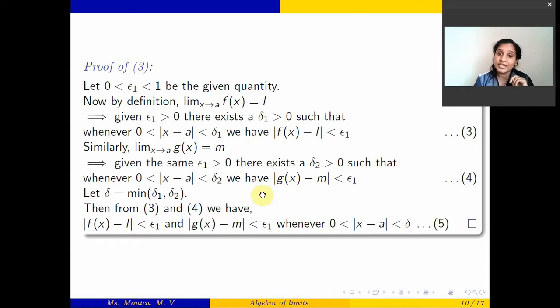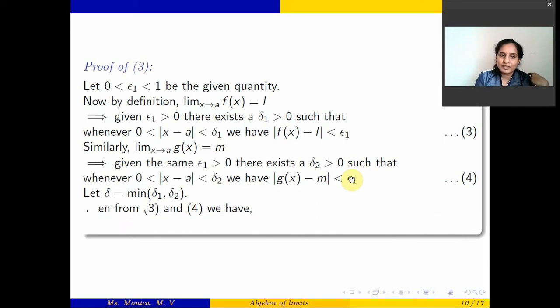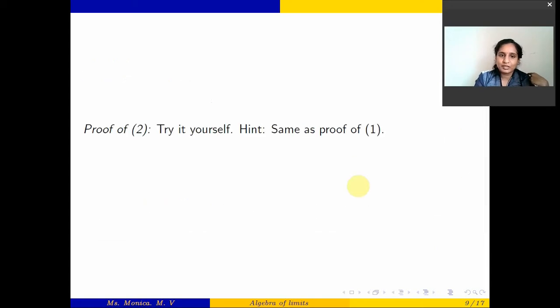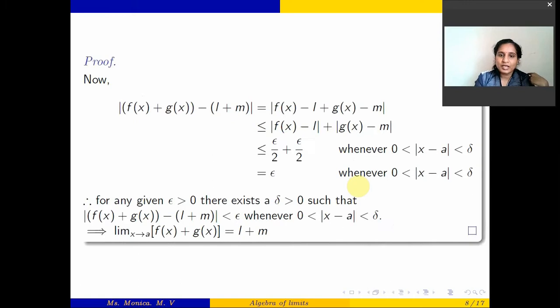Now, in the previous proof I had taken epsilon by 2 and epsilon by 2. Now why here epsilon 1? I told you I will explain that at the end of the proof. Here, if I had taken epsilon and epsilon, when I add up I would have got 2 epsilon. It doesn't look nice with my definition, that's all. It doesn't give any problem.